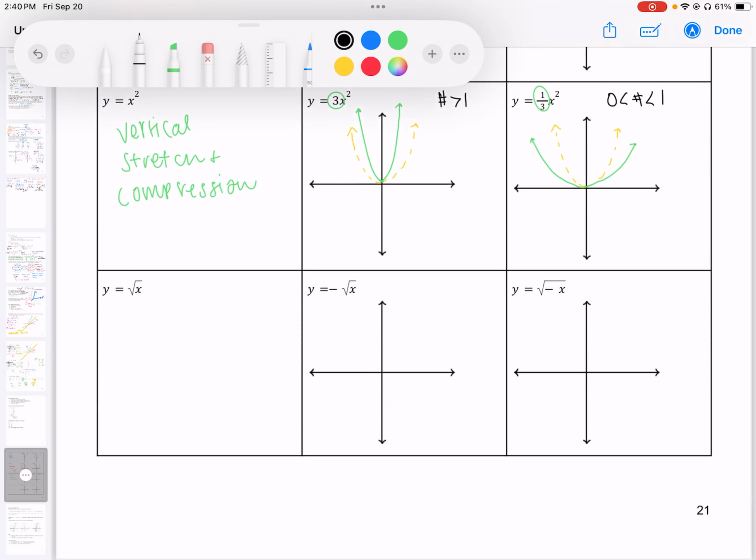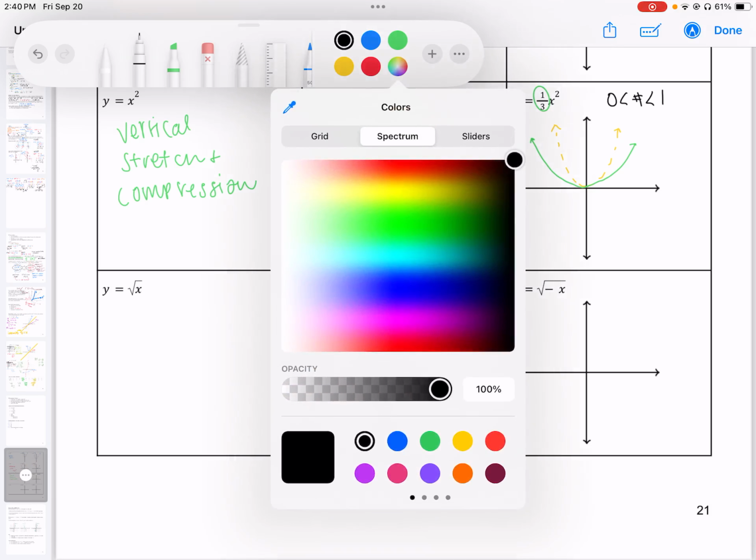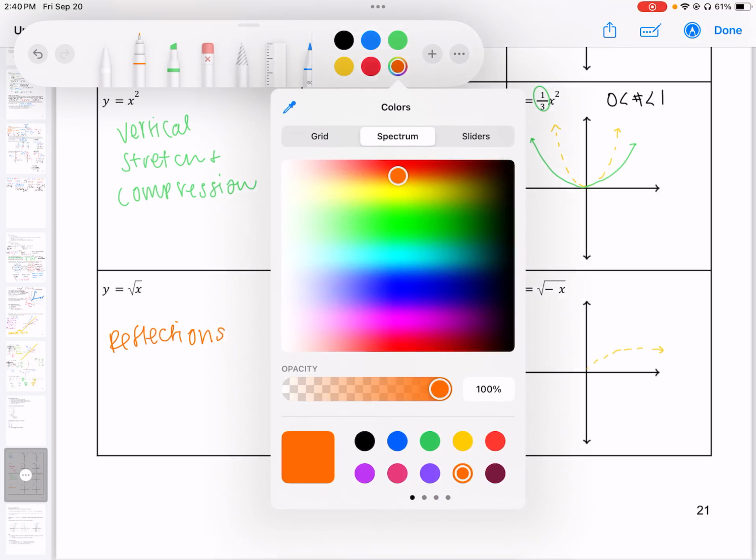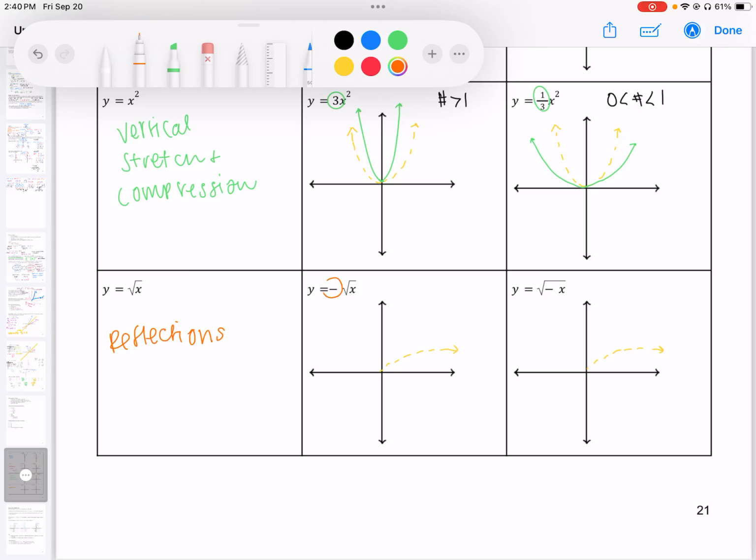Finally, we have reflections. Notice that I did choose to use a different function to represent reflections. The reason being quadratics look the same when reflected over the y-axis. So I wanted to show you what both of those could look like because I want them to look different. So here's the original square root function. In this first one, you'll notice that there is a minus outside of the root.